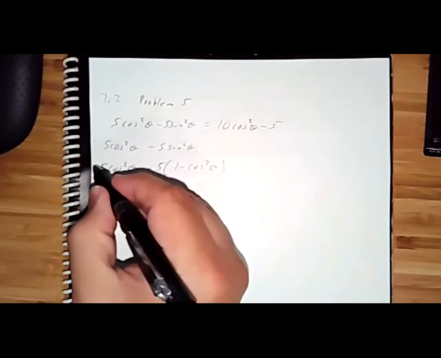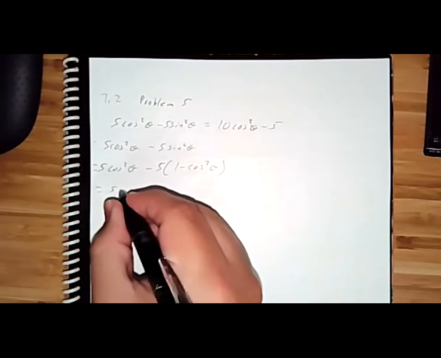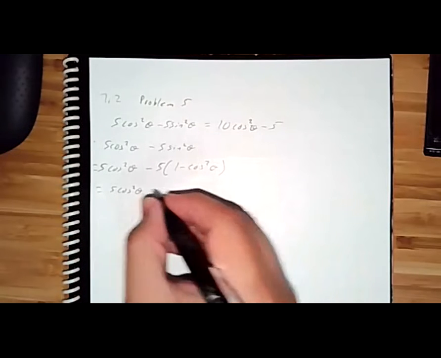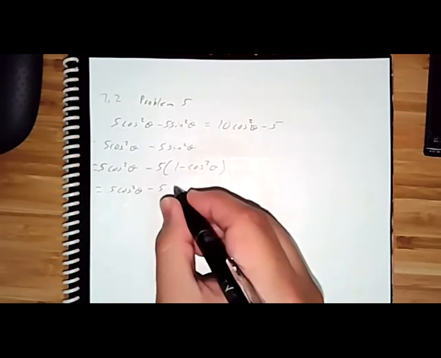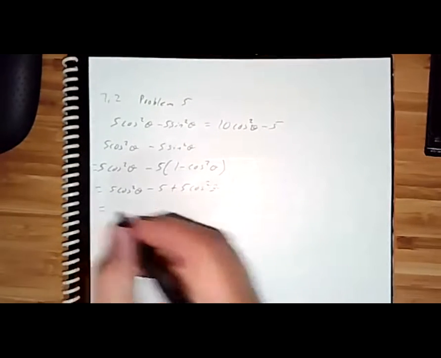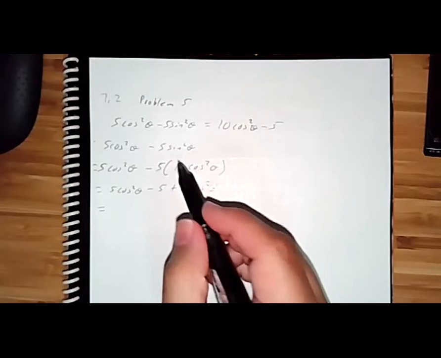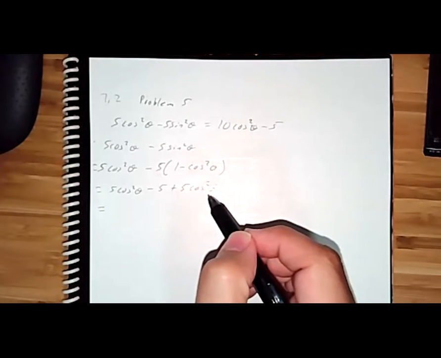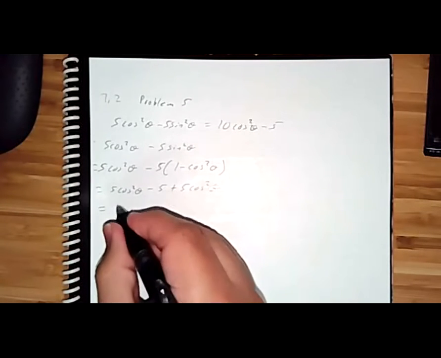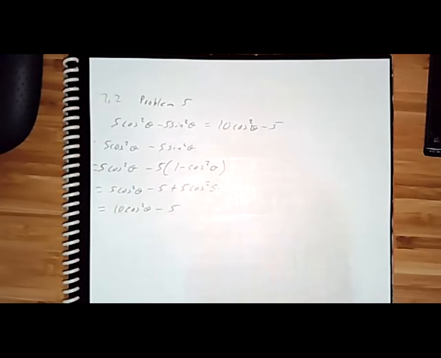Is that okay? Yeah, I think so. Now distribute. So it'll be negative 5 plus 5 cosine squared. Negative 5 times 1, negative 5 times negative cosine squared. Add them together. That's 10 cosine squared minus 5.